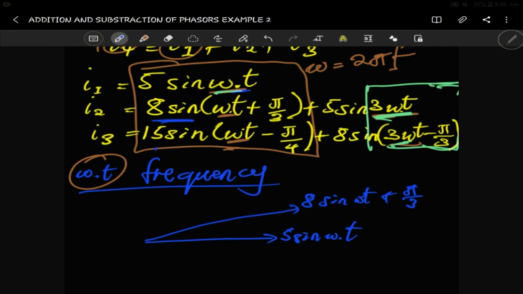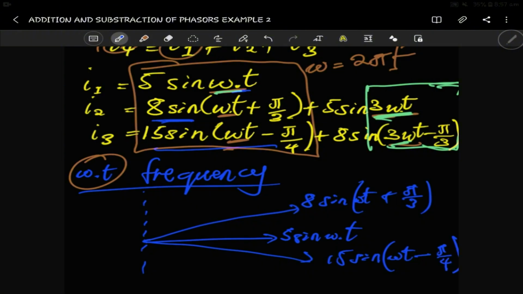And then this side of the I3 is lagging by this small angle here. We know it's negative, so lagging. So that's 15 sine, let's put WT in brackets, and then we have a minus pi on 4. So this is what we have.